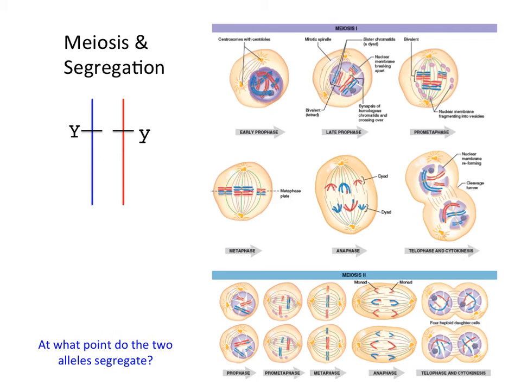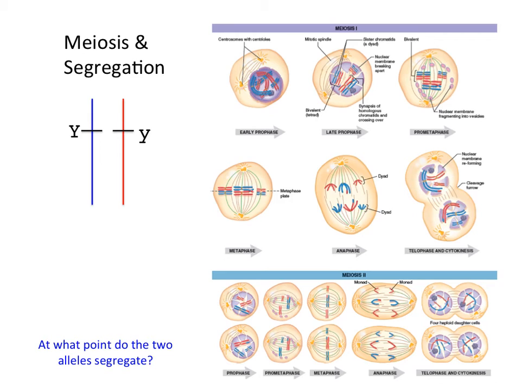What about parent A? We've got 50% big Y, 50% little y. How many different combinations of those gametes, the haplotypes, the alleles, can be made in this specific case?